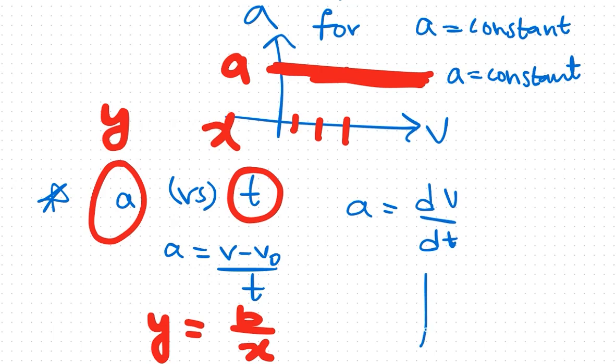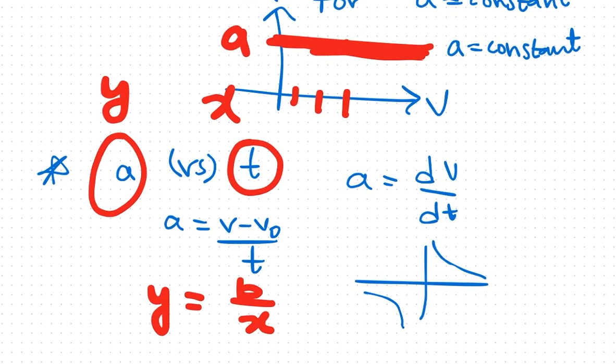So how will the y equal to 1 by x graph look? It's rational, and you're going to have an asymptote, like this. This is the y equal to 1 by x graph. But what was x here? On the x-axis, what are we representing? The time. So we have to consider only this part, not this. So the graph of a versus t for constant acceleration will be like this.